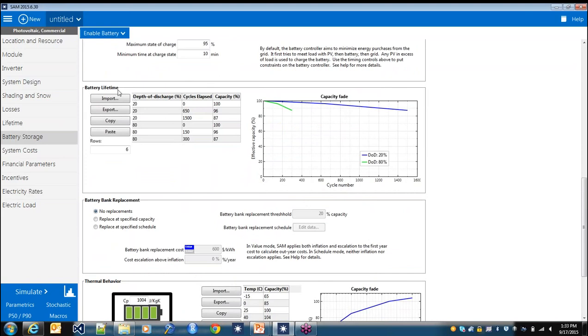As I mentioned, the user is going to be responsible for inputting the lifetime information, so it's up to you to either have some data sheet information or make some assumptions. For instance, you might say, well, I think my battery is going to last a really long time, so I'm just going to multiply everything by 10, so I don't have to worry as much.